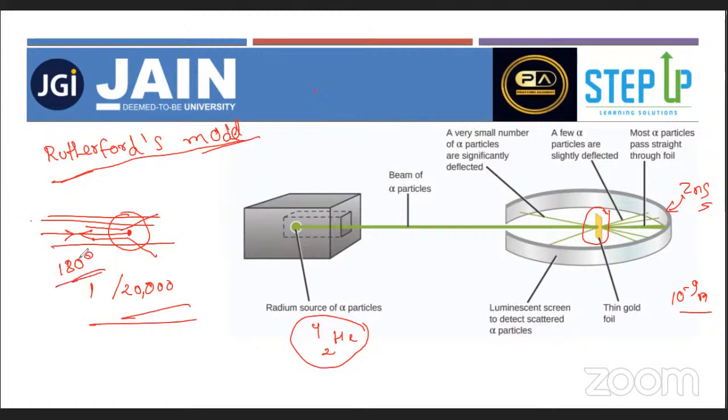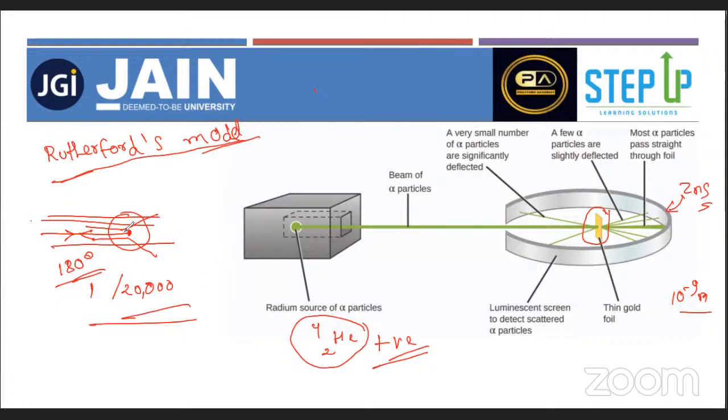That means it retraced the same path. While doing the experiment, he knew that the alpha particle is positively charged. Because it was getting reflected back, he assumed there is something present at the center which has to be of positive charge, because when the alpha particle strikes at that position, it retraces the exact same path.